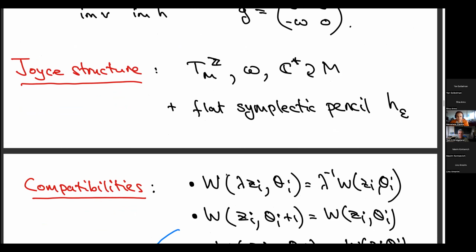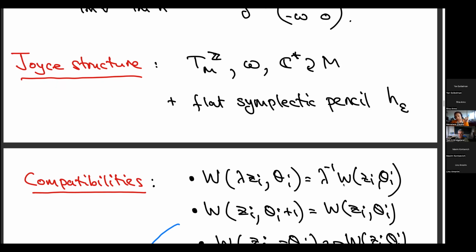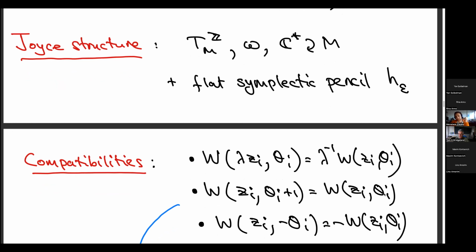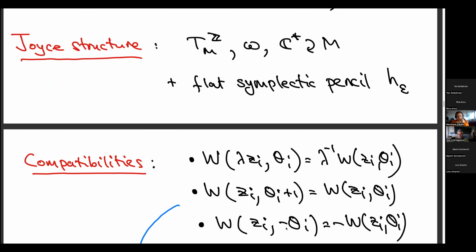Remember, there was this Plebanski function which described your complex hyperkahler manifold, if you like. What these required compatibilities come down to is that it should be homogeneous in the first variables, it should be periodic in the theta variables, and it should also have this oddness property. I claim these are the right things to consider.